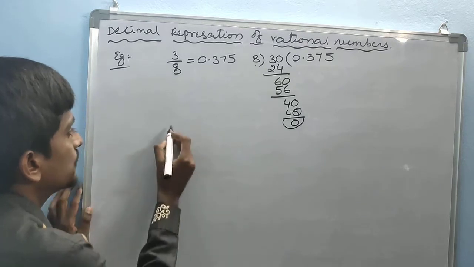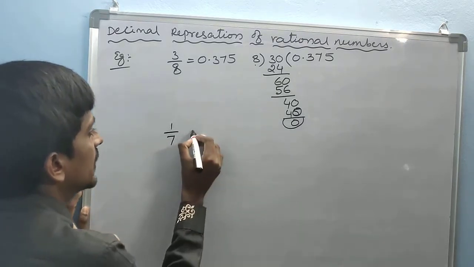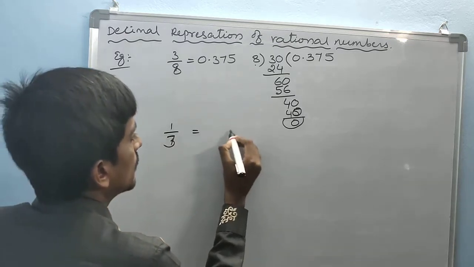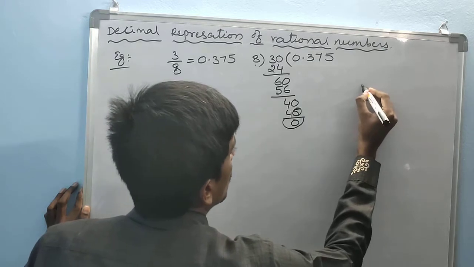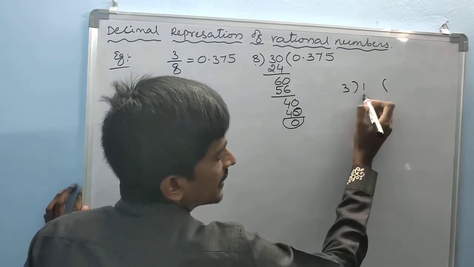Okay. Again, 1 by 3. First of all, you take the 3 table. 3 how many times? 3 ones are 3. It is more than 1.